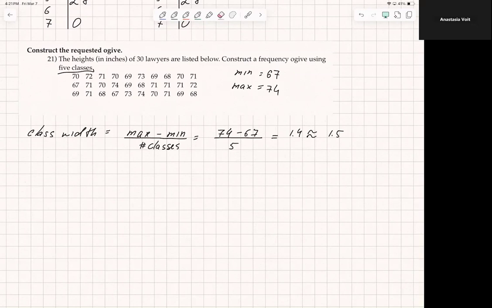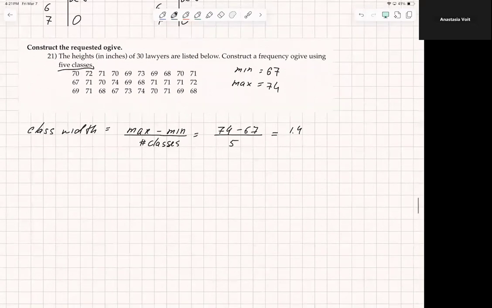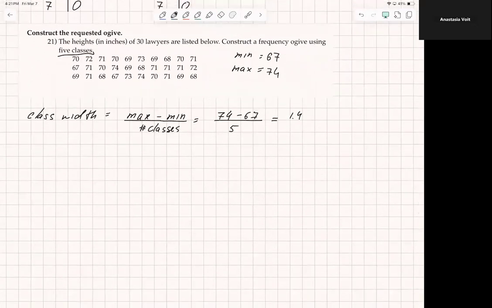But actually first let's check if 1.4 works. All right, if we don't round it, what happens, right? So we start with 67, not 74, that's the maximum.